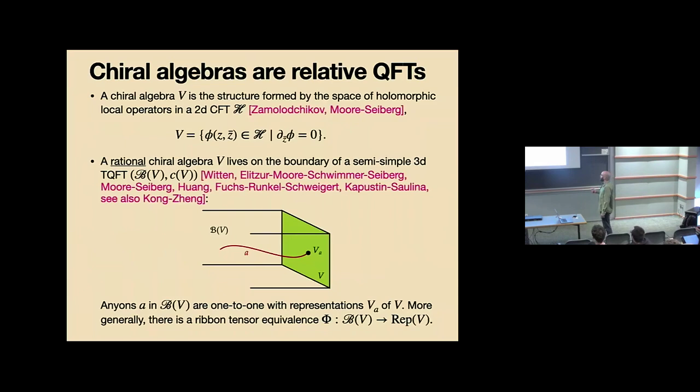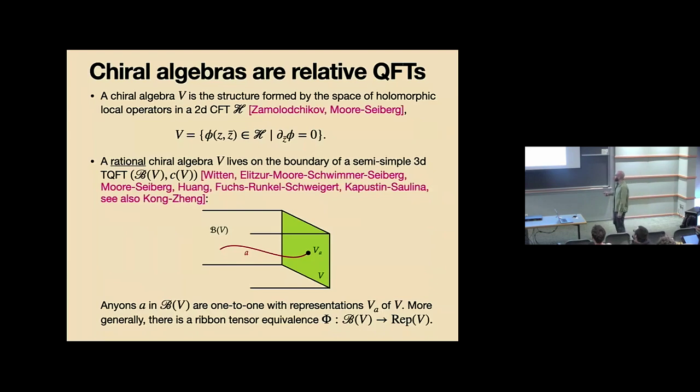And the way that I'll think about chiral algebras in this talk is a picture that goes all the way back to Witten, and many people in the audience have developed this picture farther over the years. And so the way that I want to think about a chiral algebra is that it furnishes a kind of gapless chiral boundary condition of a bulk 3D TQFT. And that 3D TQFT is defined by some modular tensor category, and that modular tensor category is simply the category of representations of this chiral algebra.